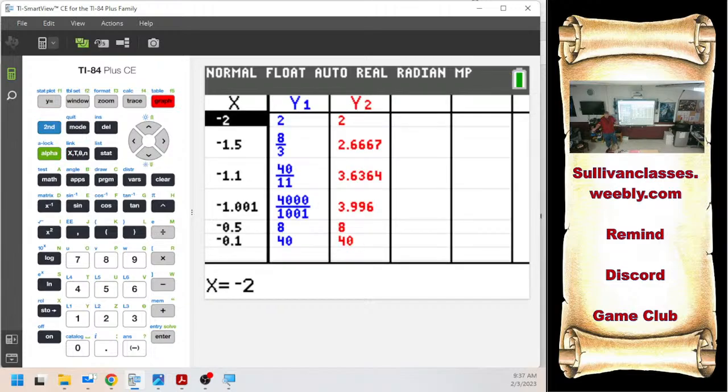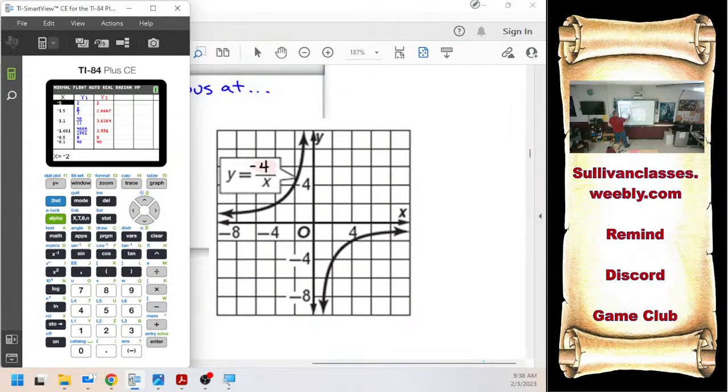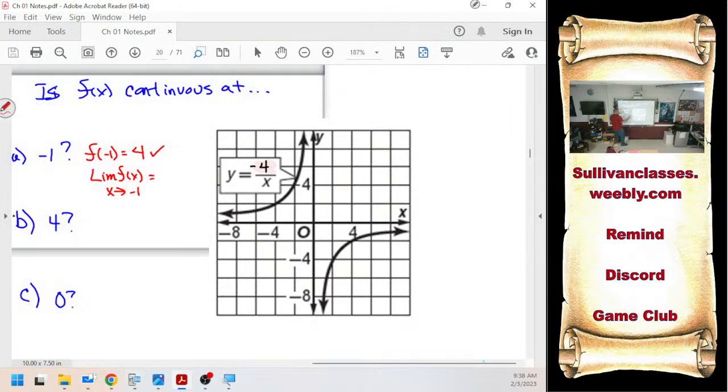Okay? So it's easier to compare if they're in decimal town, right? And you see as I get really close to that -1, my numbers are getting closer and closer to 4. So I just say, yeah, cool, my limit's 4.